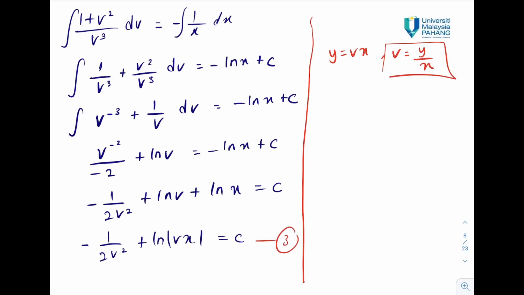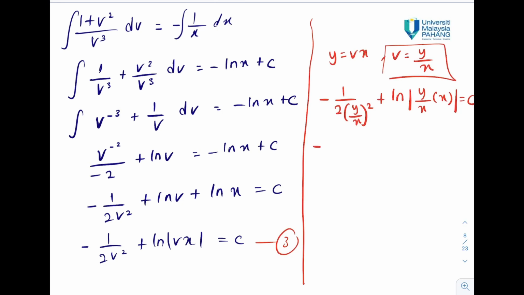This will become negative 1 over 2(y/x) squared plus ln((y/x) times x) equals c. Then we simplify: 1 over 2 times y squared over x squared, we manipulate, this will become x squared over here, plus ln y.